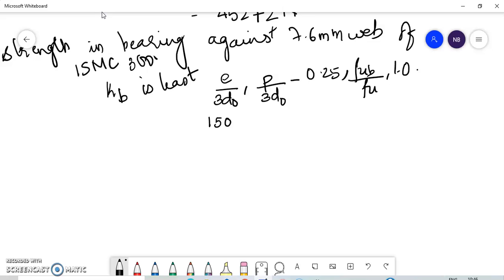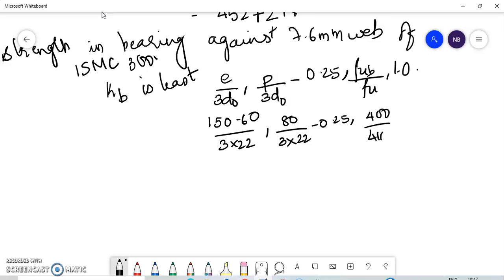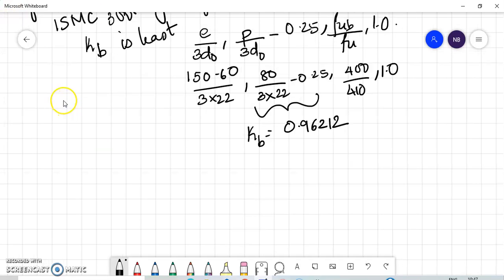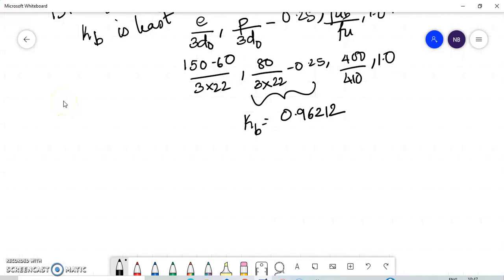Substituting all this, the pitch as given in the diagram is 80. This is the governing value of KB. It works out to be the least of all, and it is 0.96212.